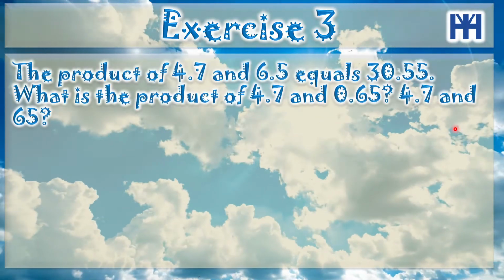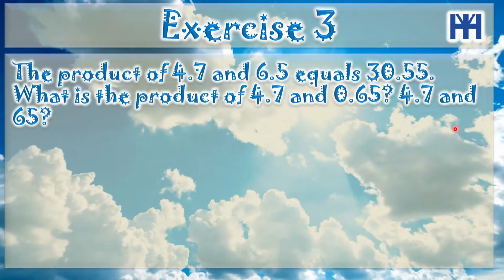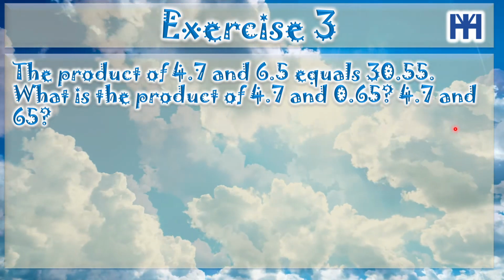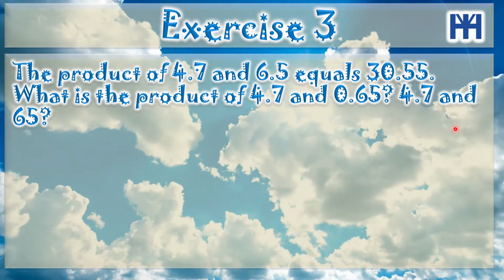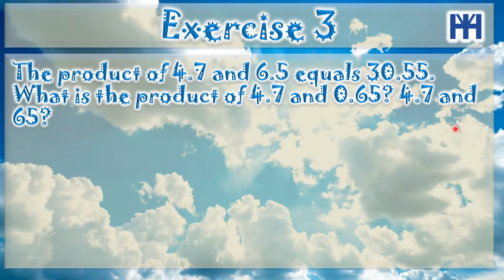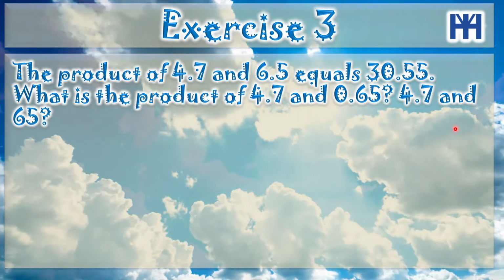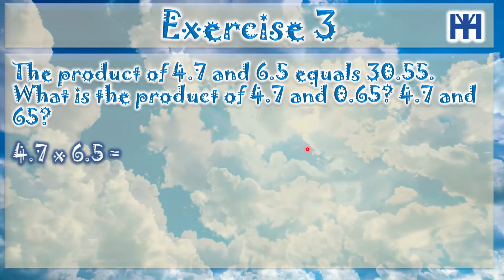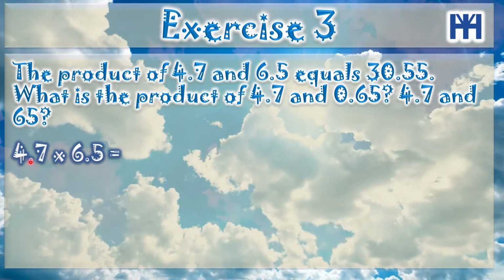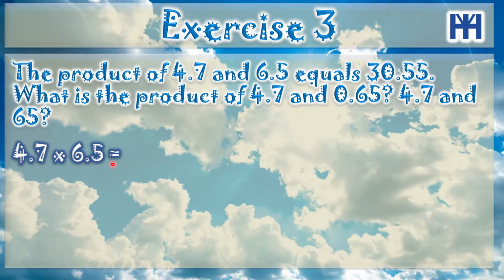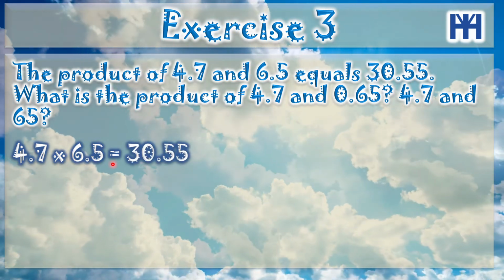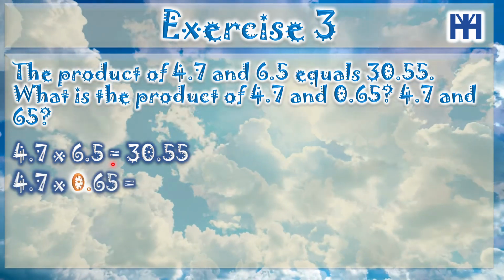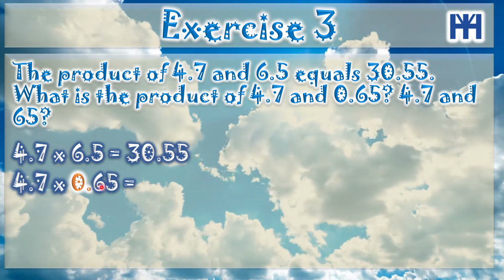Exercise 3. The product of 4.7 and 6.5 equals 30.55. What's the product of 4.7 and 0.65, and 4.7 and 65? So let's see here. This is the given: 4.7 multiplied by 6.5 is 30.55. They want to know 4.7 multiplied by 0.65.